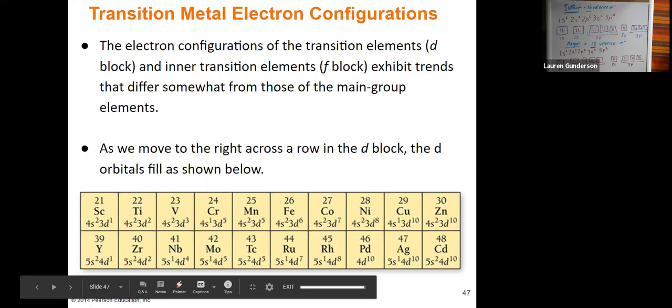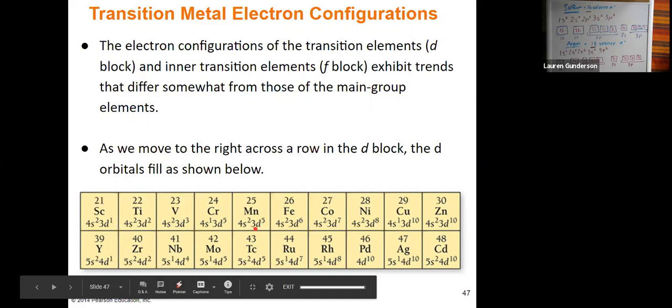Okay, so the electron's going to do the thing that costs less energy. So instead of staying in 4s, it does leave and it fills up that empty fifth orbital in the 3D sublevel. So you end up with an electron configuration, valence configuration of 4s1 3d5 for chromium. Then it goes back to normal for a while.